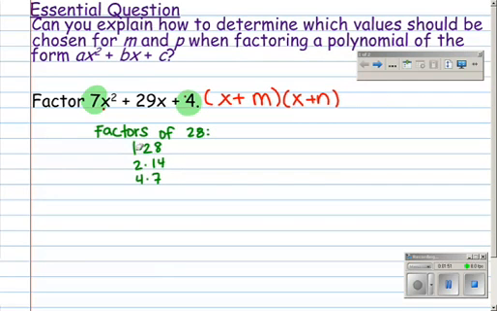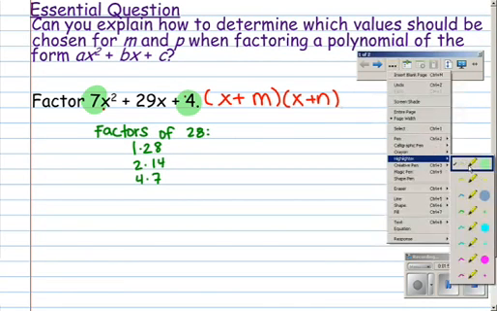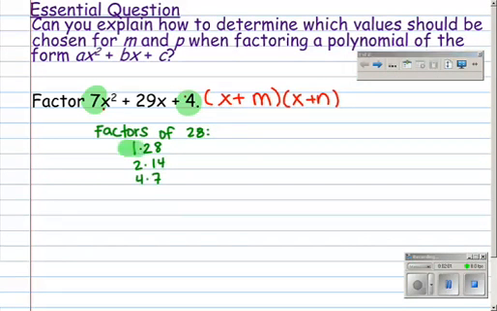Now, which one of these pairs of factors would add up to 29? Well, that would have to be 1 times 28. So we're going to use 1 times 28 to rewrite this trinomial. So we're going to rewrite this trinomial now as 7x squared. And now, instead of writing 29x, we're going to use 1 and 28.